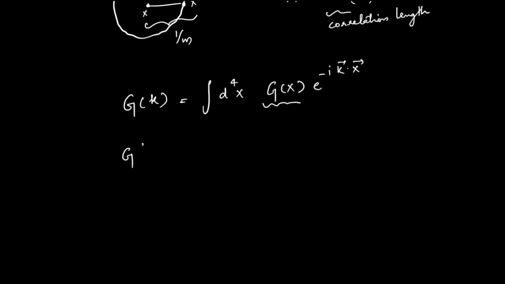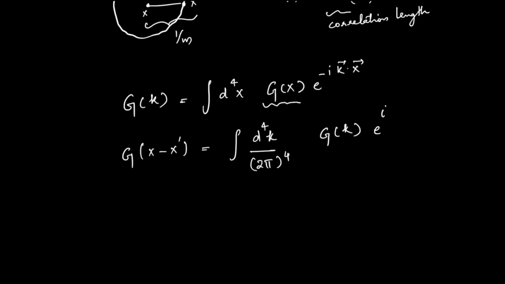Whenever I write the inverse Fourier transform, I need to write g of x minus x prime is equal to the integral d4k over 2 pi to the power 4, g of k e raised to i k times x minus x prime. So this is the Fourier transform, and this is the inverse Fourier transform.